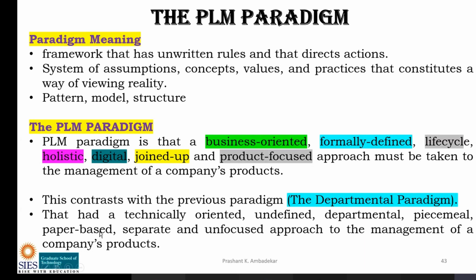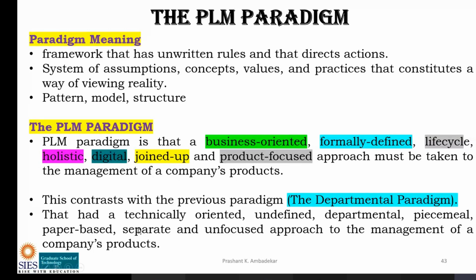Paper based, no technology use. Separate: this is my department, that is your department. And an unfocused approach, they were focused only on their own activity. Whether the product was sold or not sold was not the outlook of the design department. Even if the product was not good, he would not say that it was his concern.